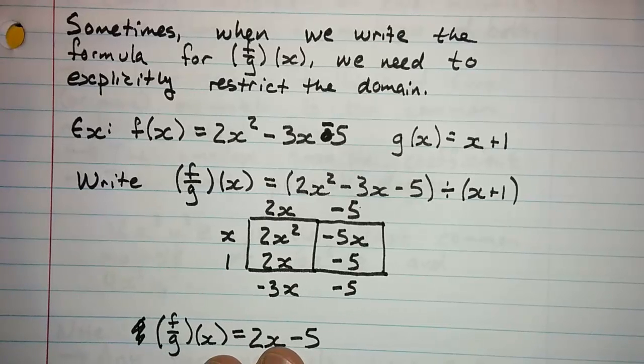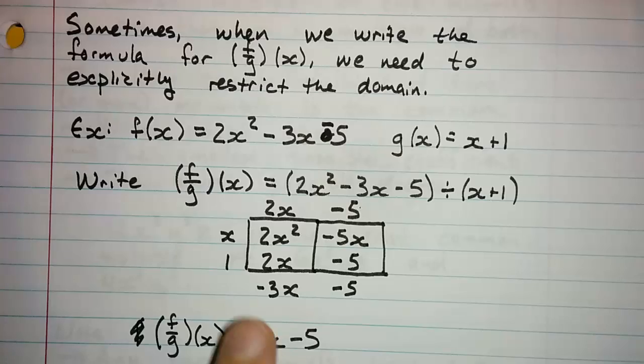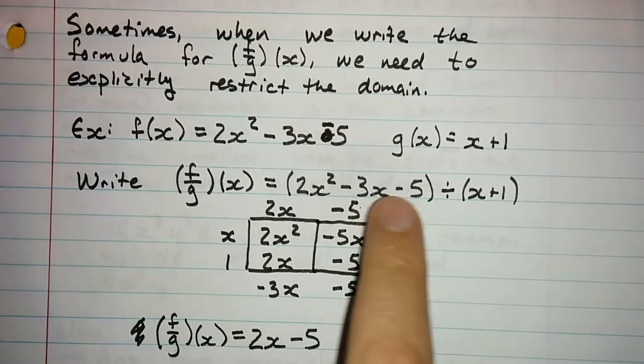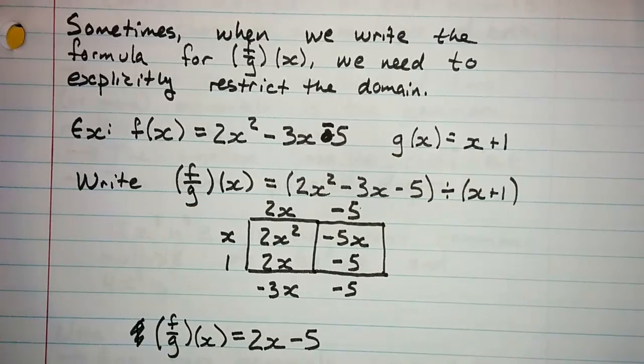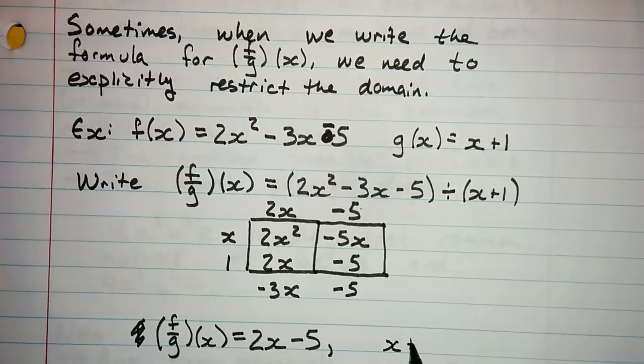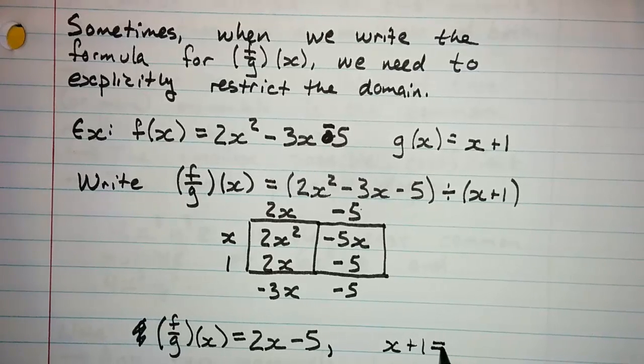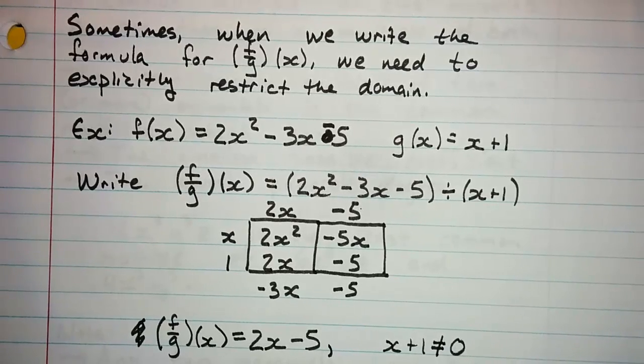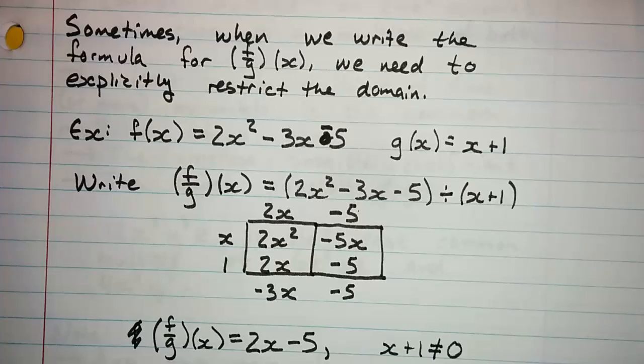Why doesn't that work? Well, the domain of this quotient only includes points where g of x is not 0. So this only includes points where x plus 1 is not 0. This is actually a legitimate answer to this question, but it is much nicer to simplify this restriction.